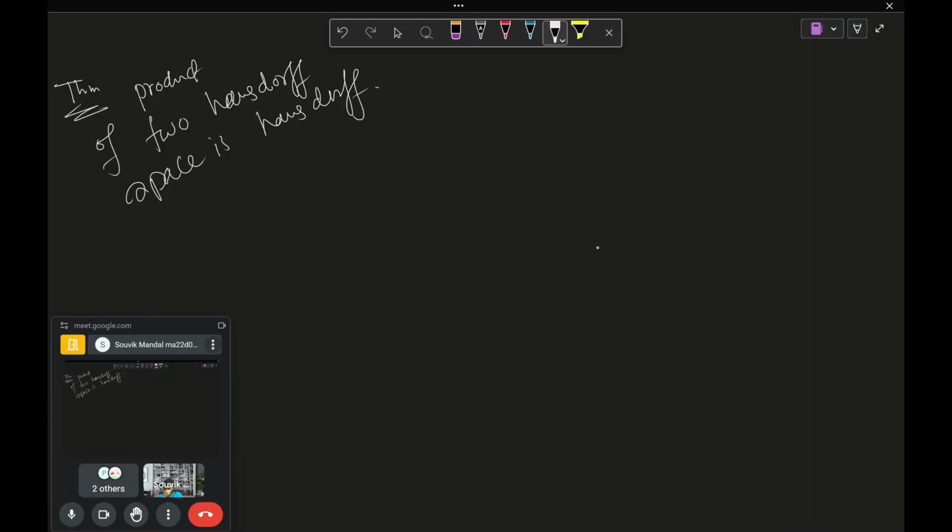Let us take 2 points in the product space, sir. Let the points be (x1, y1) and (x2, y2). We have to find two disjoint open sets containing these 2 points.